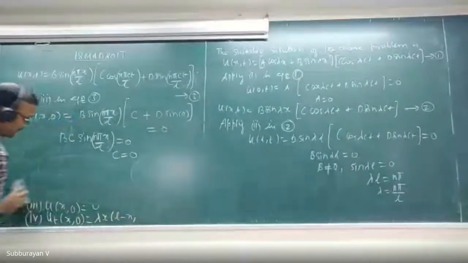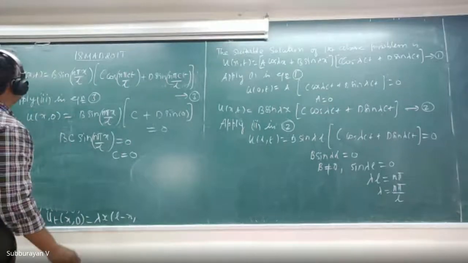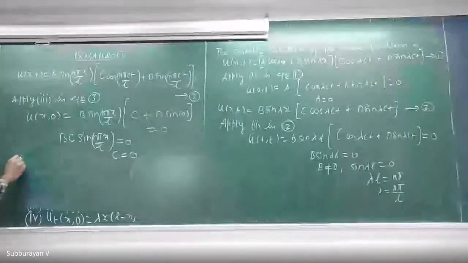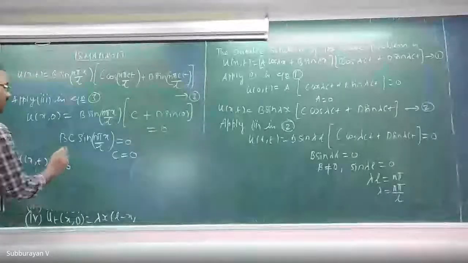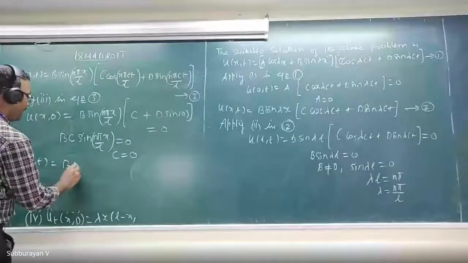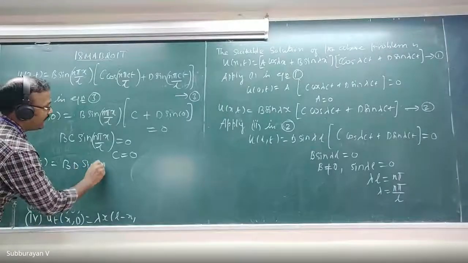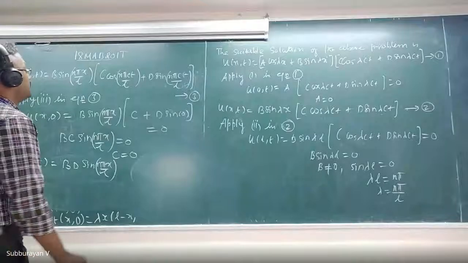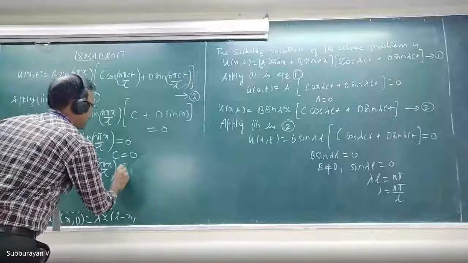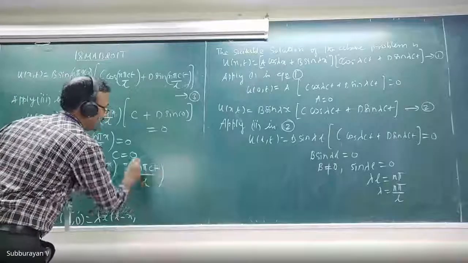If c equal to 0, then the equation reduces to u of x comma t equal to bd sin n pi x by L into sin n pi ct divided by L.